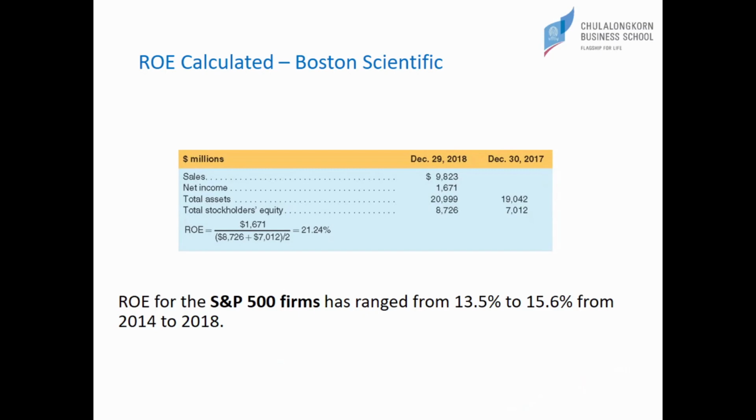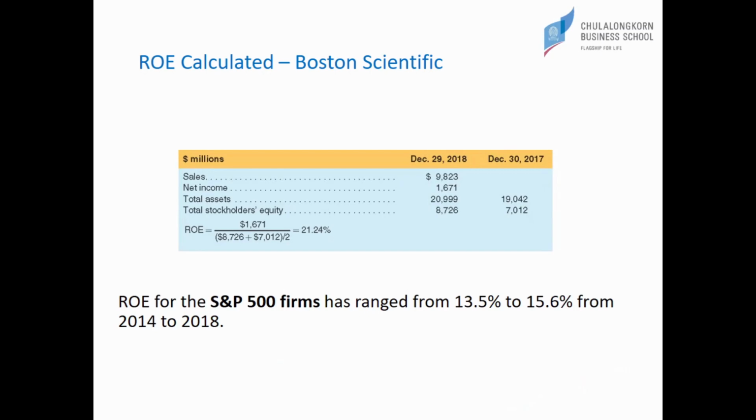Okay, so we are going to use this Boston Scientific, which is a medical equipment company. It's one of the S&P 500 companies. In order to calculate ROE, we need accounts from the income statement as well as accounts from the balance sheet. So we just simply plug in the numbers and we can see ROE is about 21%. And as we know, just saying 21%, we cannot really infer a lot from it.